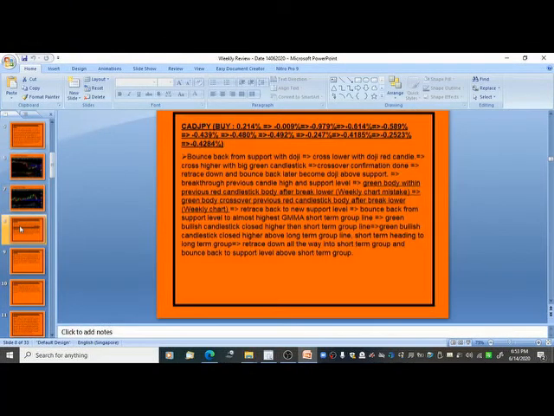Alright, so move to the second one, CAD JPY. CAD JPY interest charges increased quite a lot to become 0.4284 now.